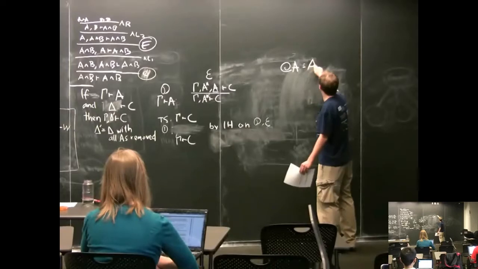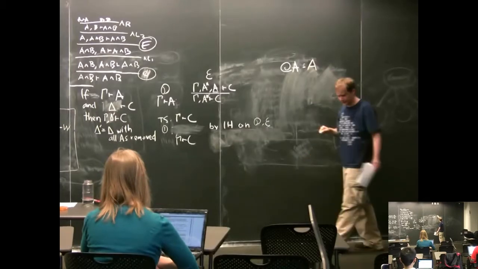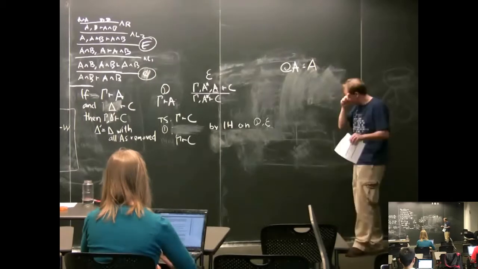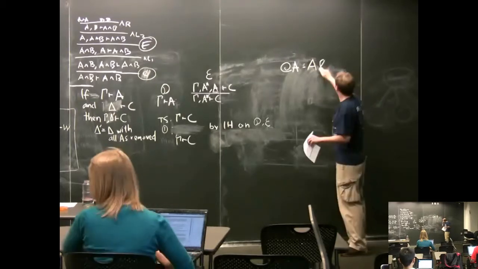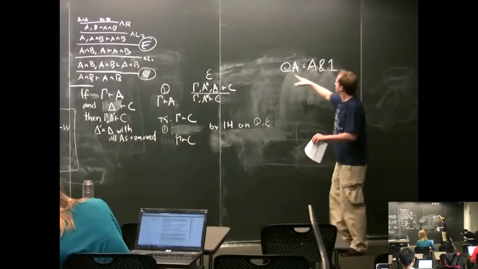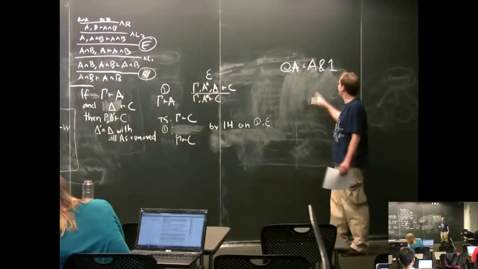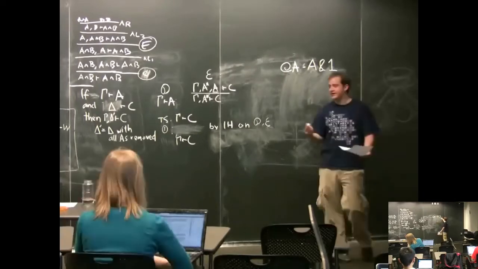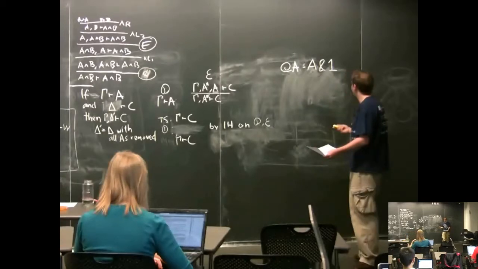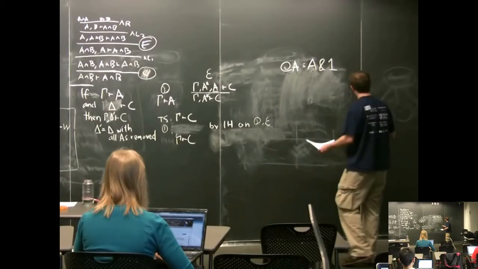The way that was defined, if you looked at the solutions that Frank sent out last Wednesday, is that you have a choice for something that is an affine A: you can either choose to get the A, or you can choose to get nothing at all. And so the affine modality is one where you don't have to use every resource.